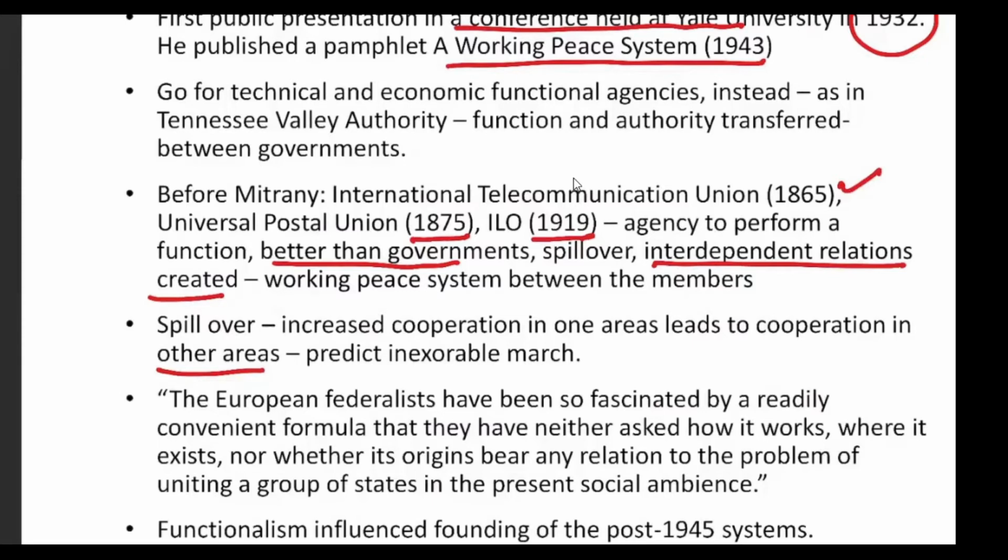So he called it a working peace system between the nations.